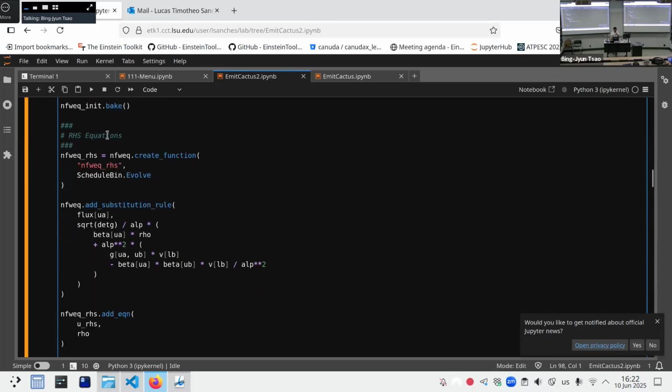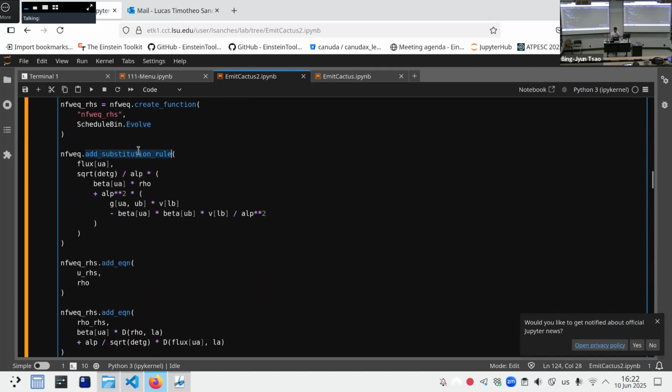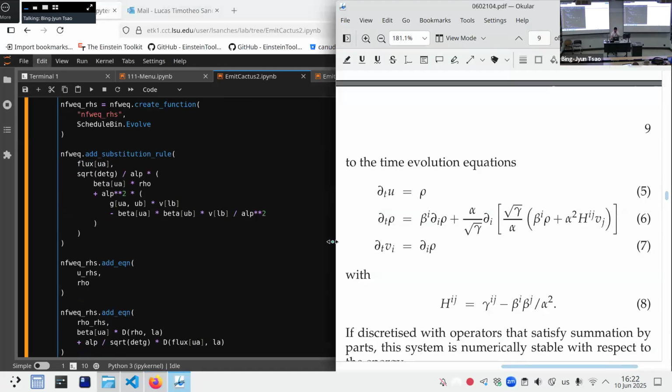This is where we define our right-hand sides, the actual evolution equations now. So again, we give it a name, and we schedule it at the evolution bin. And here is the quote unquote trick that I mentioned. I am writing a substitution rule for flux, and what I have here is the quantities inside the braces.